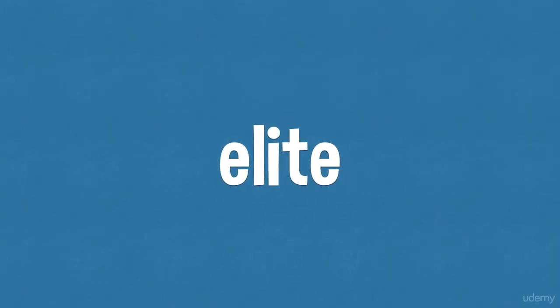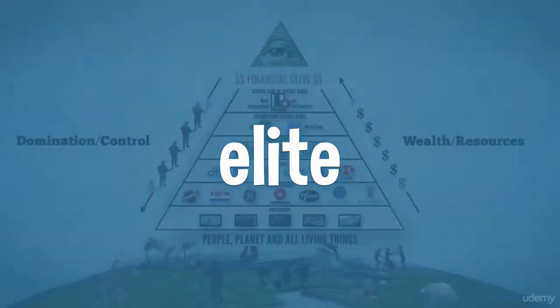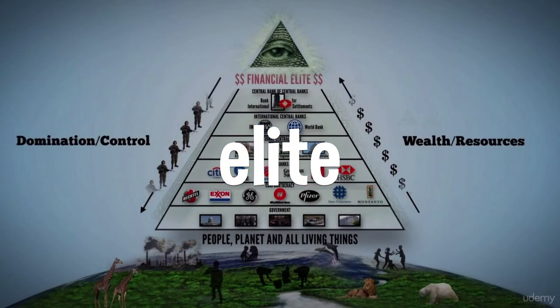Here's the next word: elite. Elite. This is pretty much the opposite of underprivileged or deprived. This is for the people at the top of the pyramid, if you like. So elite, you can refer to the most powerful, the richest, the most talented people within a particular group or place or country as the elite.